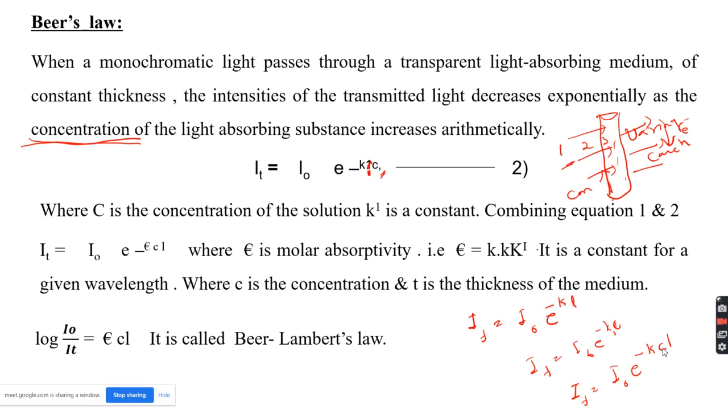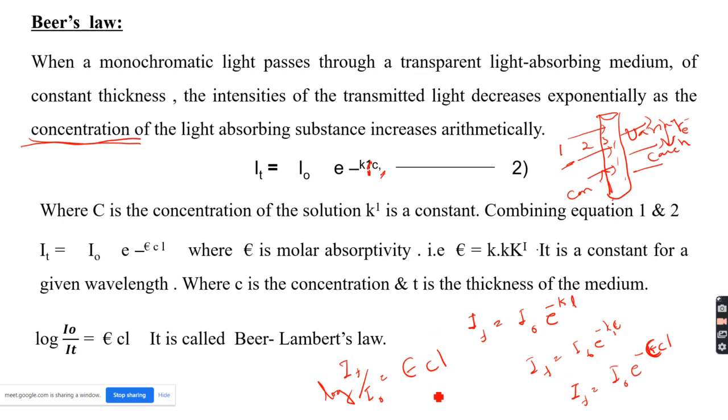In place of K, we can write epsilon, called the molar absorptivity, or in other words, the molar extinction coefficient. The complete term is a constant, so we can write log It by I0 is equal to epsilon CL.